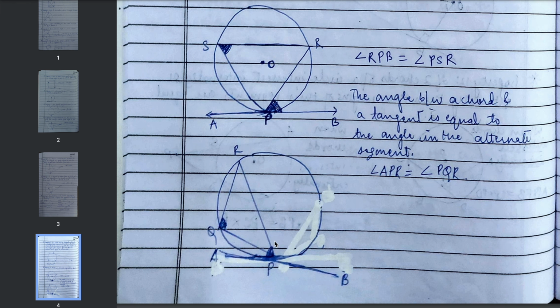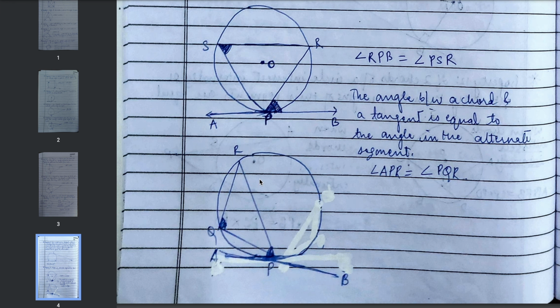We have P as the point of contact of the tangent to the circle, with APB the tangent line, and we have this chord QP here, and the angle RPA here. As I told you, whatever line the angle is made with, we have to look at the opposite, the alternate one.